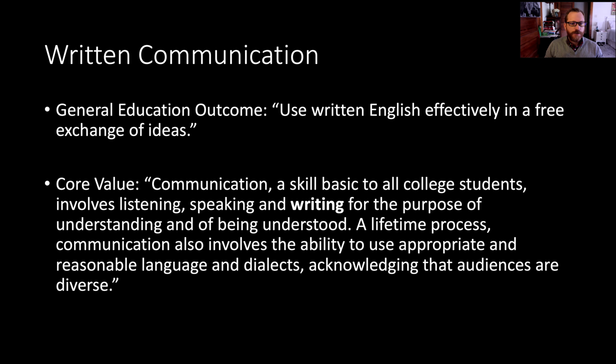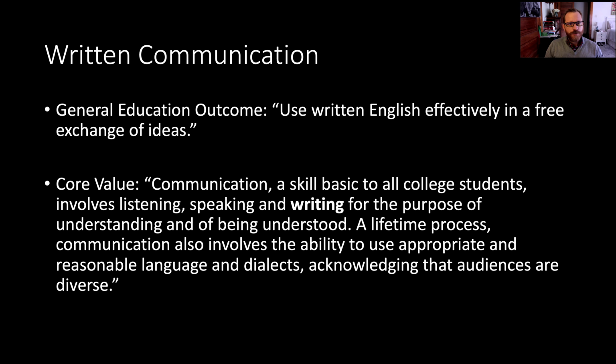It's a lifetime process. Communication also involves the ability to use appropriate and reasonable language and dialects, acknowledging that audiences are diverse.